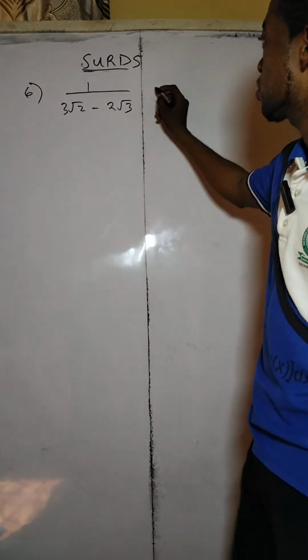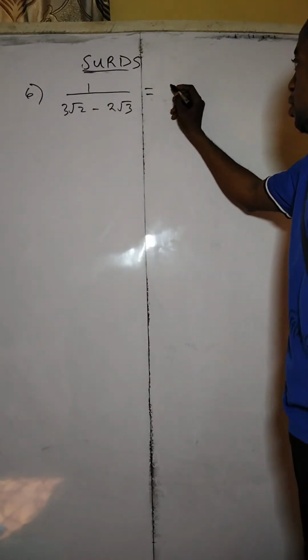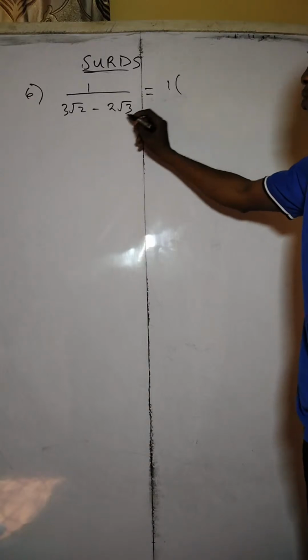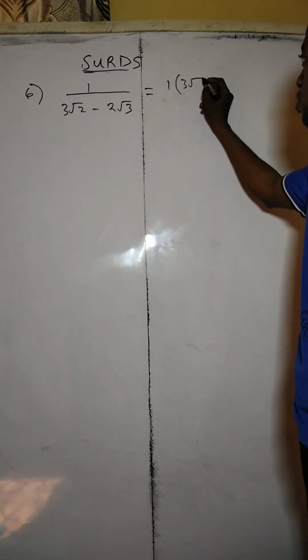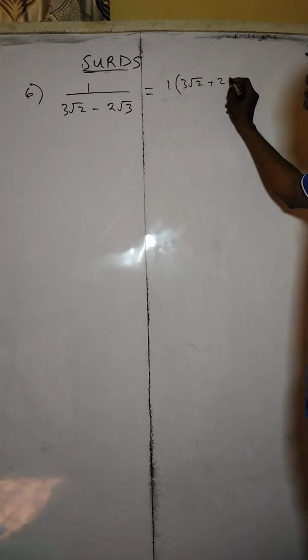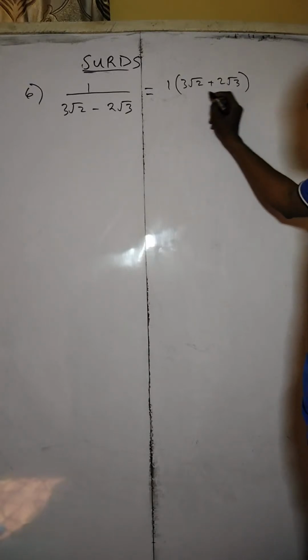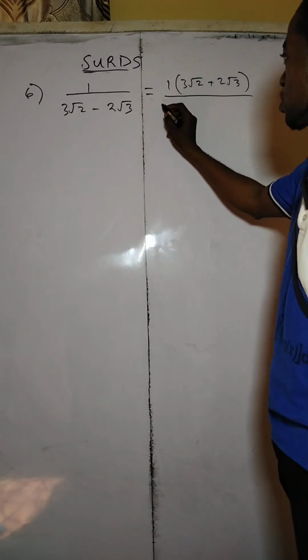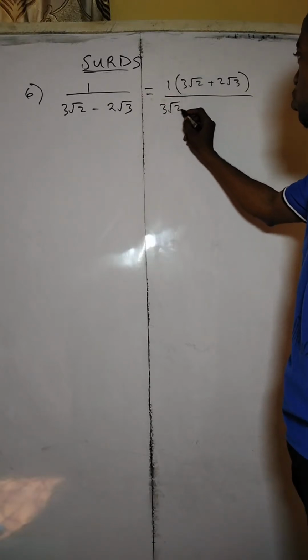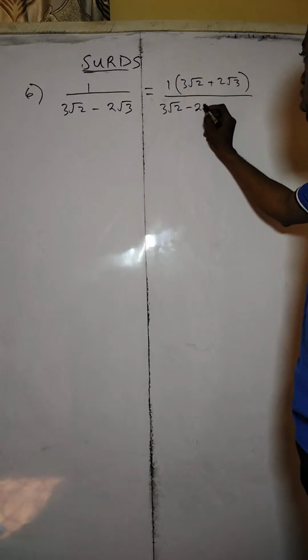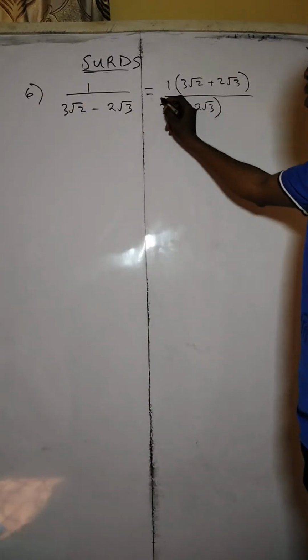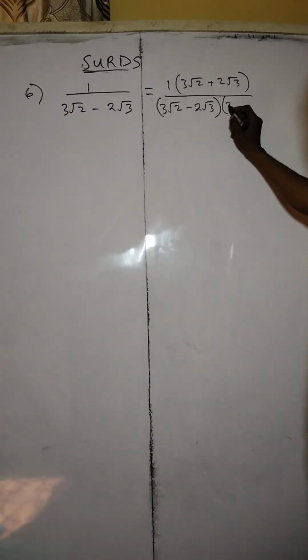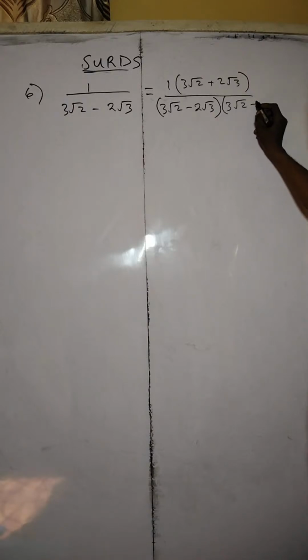In the same way here, when we rationalize, we can say this is 1 times the conjugate, so here is 3 root 2 plus 2 root 3, then all over, multiply this by the conjugate as well, which is now becoming 3 root 2 minus 2 root 3, multiply by the conjugate, which is also 3 root 2 plus 2 root 3.